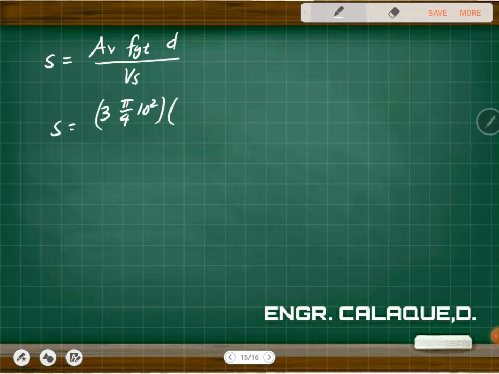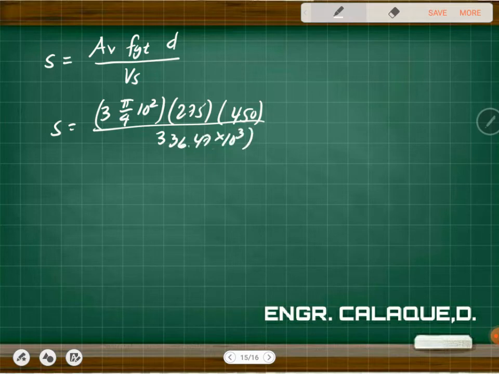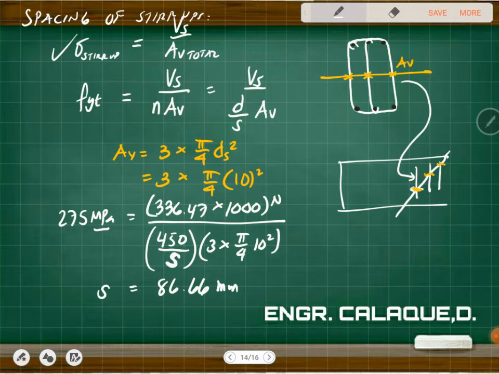Yan yung sa EV. Yung FYT mo is 275. And then, meron kang 450. And then, meron kang VS na 336.47 times 10 to the power 3 or 1,000. So, yung spacing mo is 86.65. Okay? So, ganun lang. So, okay na yung spacing natin.